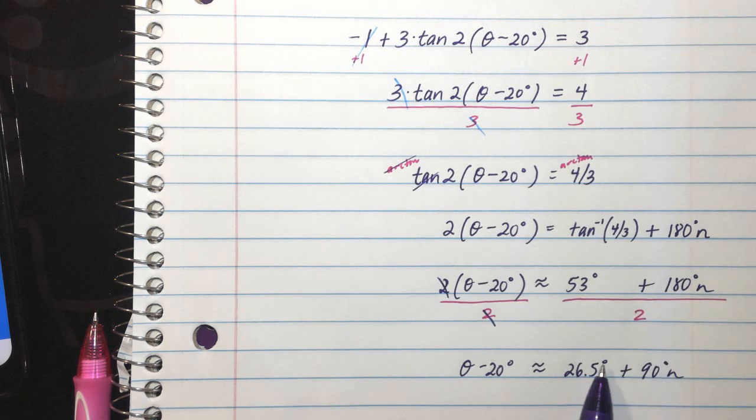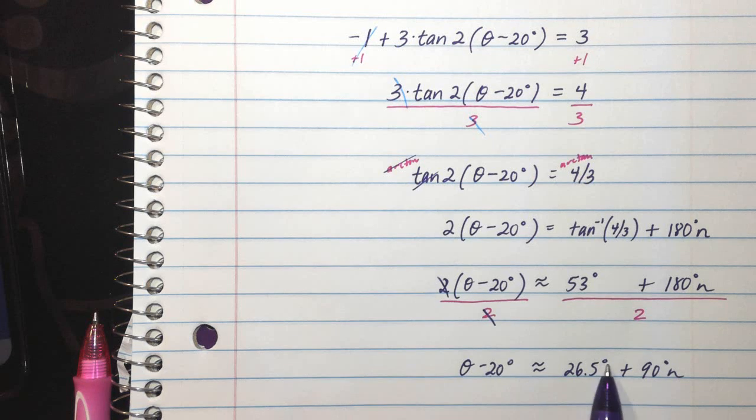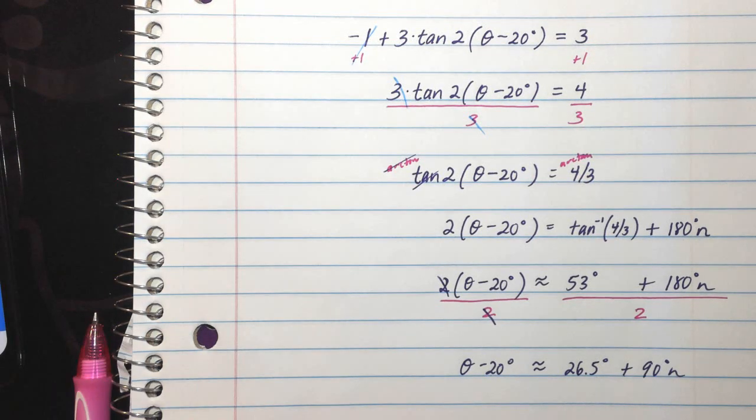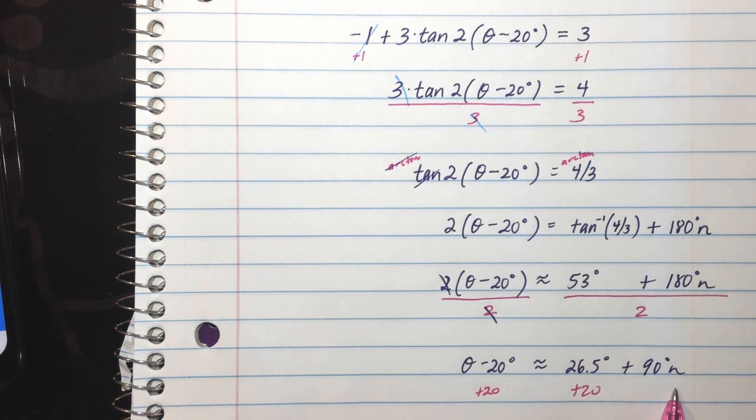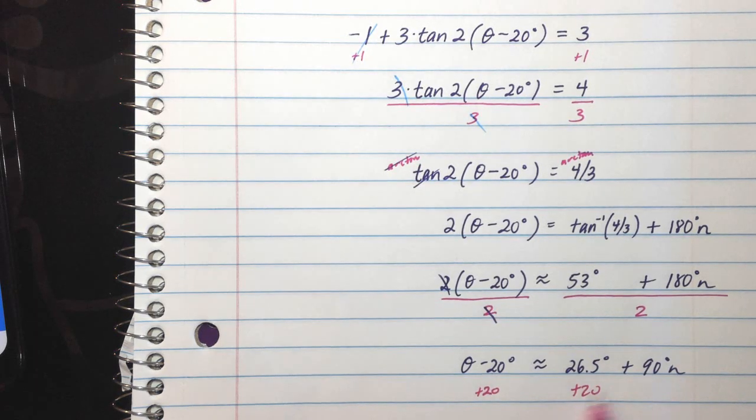If you don't have the degrees there, I'm not going to be too upset with you. But your final answer, you have to label it in degrees, okay? But if you don't want to put degrees, that's fine. Last step, add 20. Why didn't I write it over here? Because they wouldn't be like terms, right?